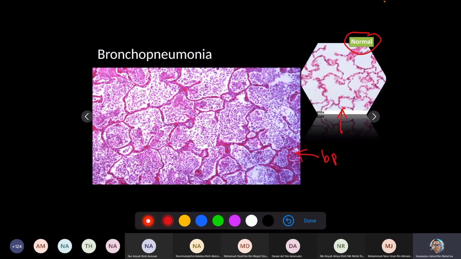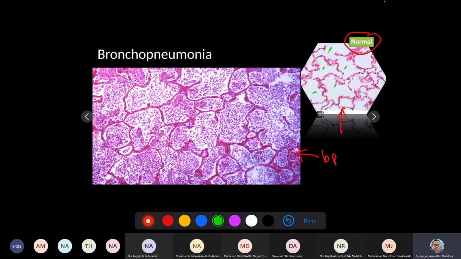If you compare the alveolar space here, the one I marked in green color, in the normal alveolus there is nothing inside. This is because in a living person, these spaces are actually filled with gases or air. After we process it and make it into a slide, it will turn out there's nothing within it.